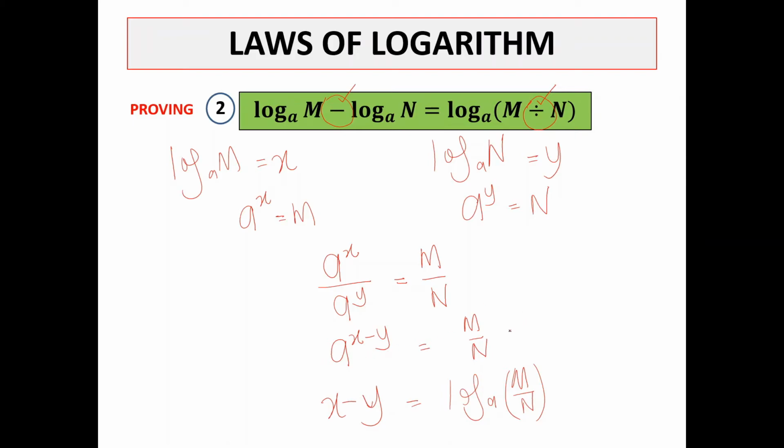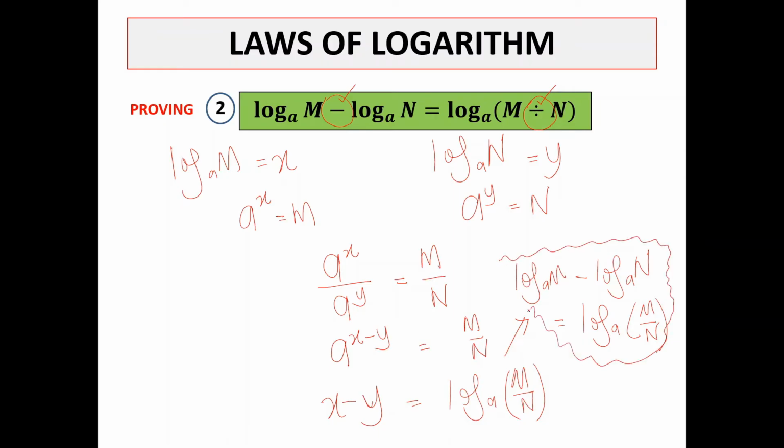And in conclusion, x minus y means that log m base a minus log n base a equals log m over n base a. So that is our final solution, which is the proof of this law.